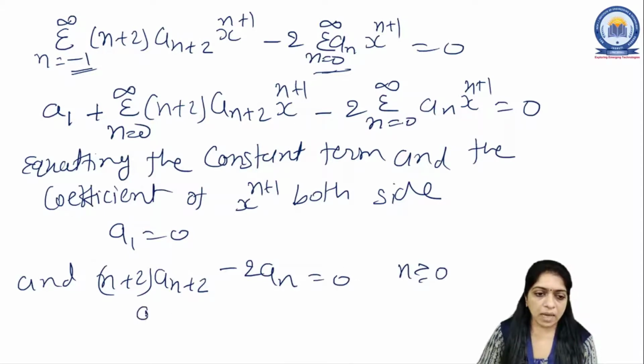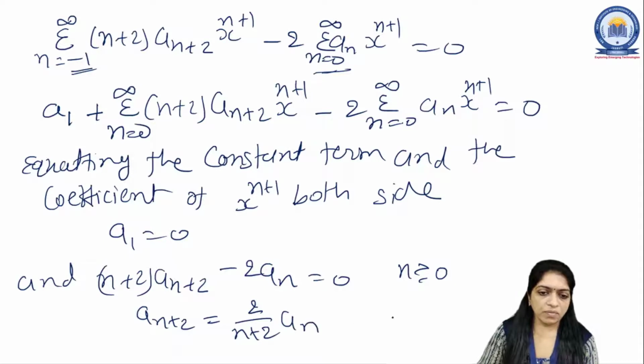By putting an plus 2 as the subject, we have an plus 2 equal to 2 upon n plus 2 an, where n is greater than or equal to 0.